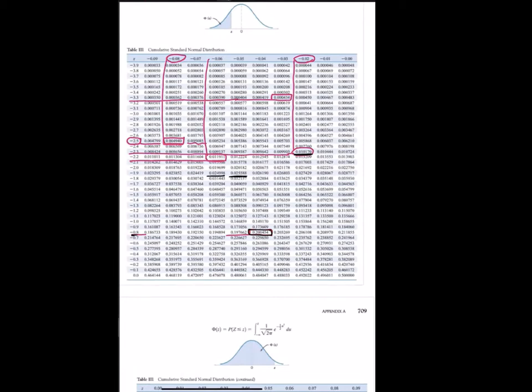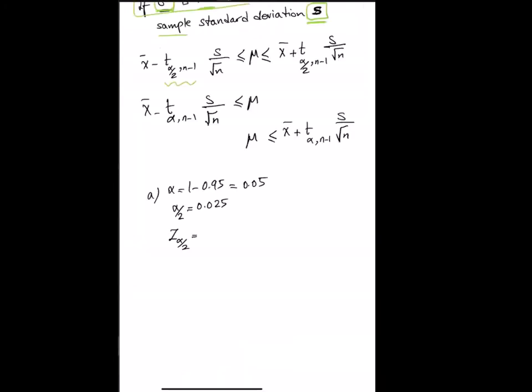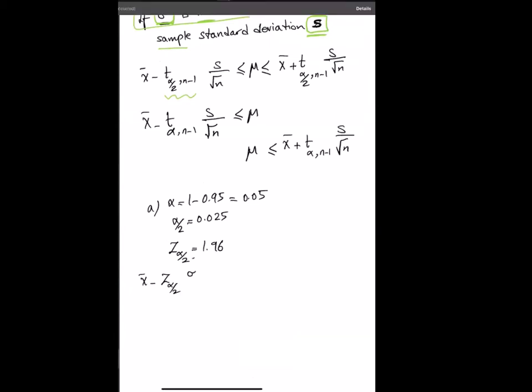So that's minus 1.96, right? However, when we are looking at z, we always consider the positive number. So then z of alpha over 2 is 1.96. Then we are good to just put these numbers in the formula and find the confidence interval. So formula one more time, x bar minus z alpha over 2 sigma over square root of n.